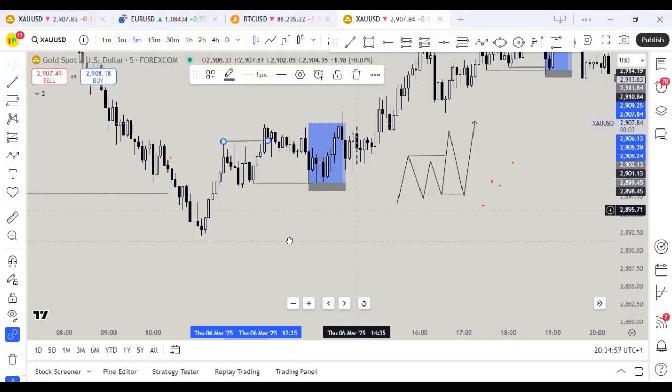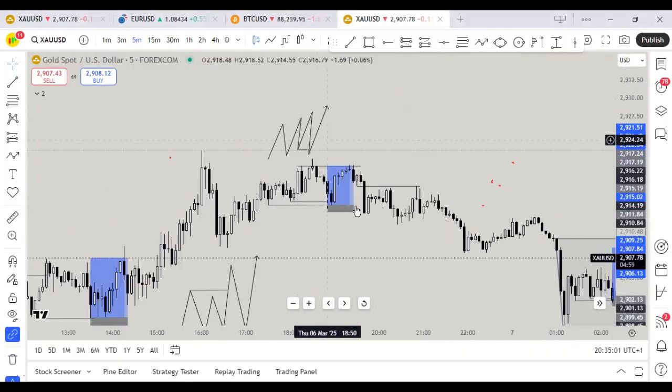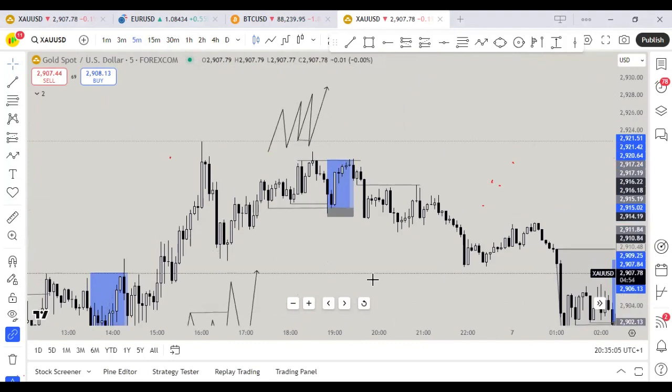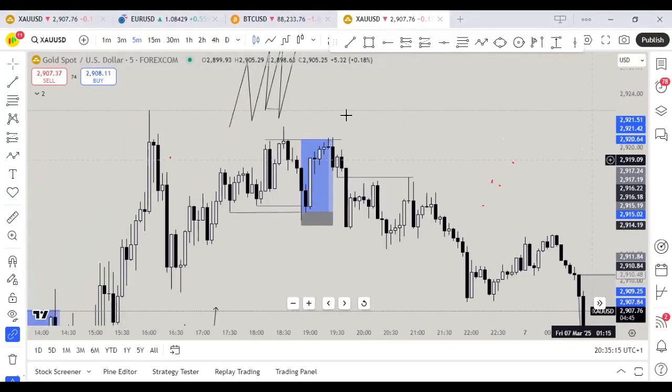Okay, this is a blue pattern. This right here now, which type of setup is this? So just open your eyes very well.